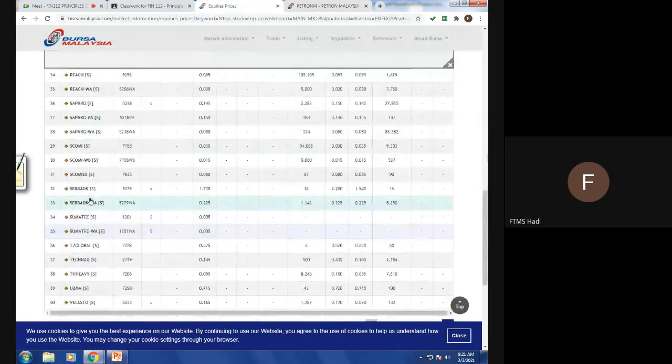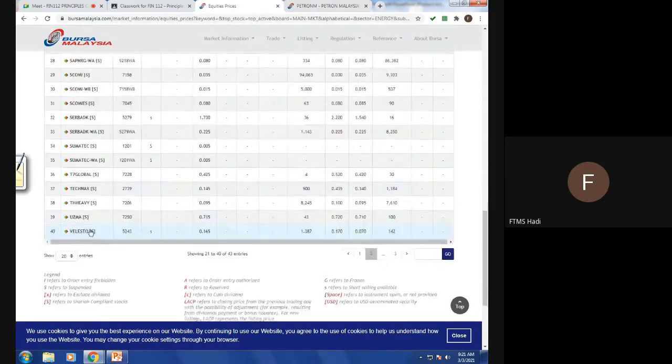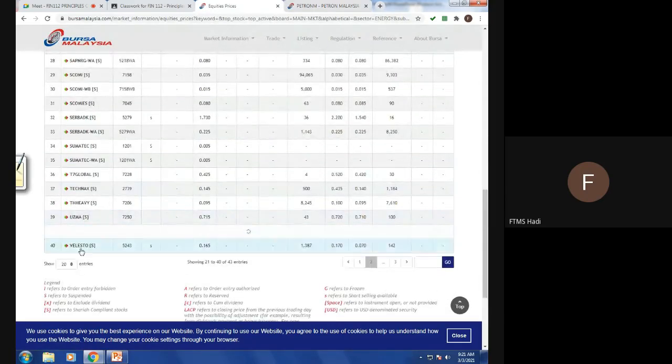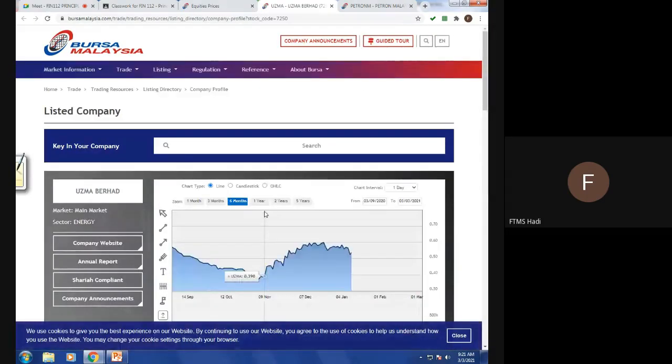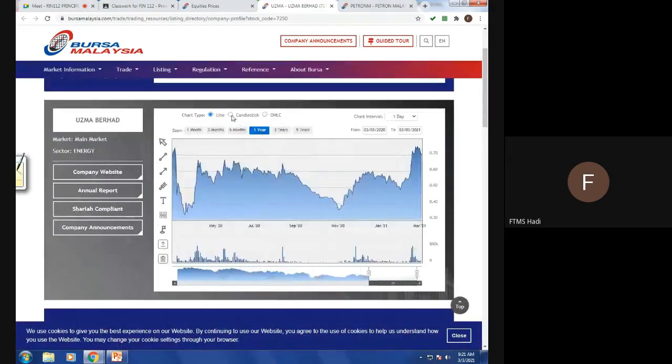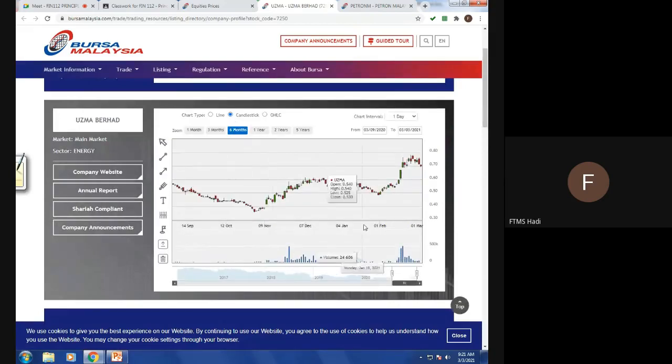Okay, I give you another example, let's say Uzma. You use 1 year, you use candlestick. As you can see here, almost half green, half red. So there is like a semi-strong version.